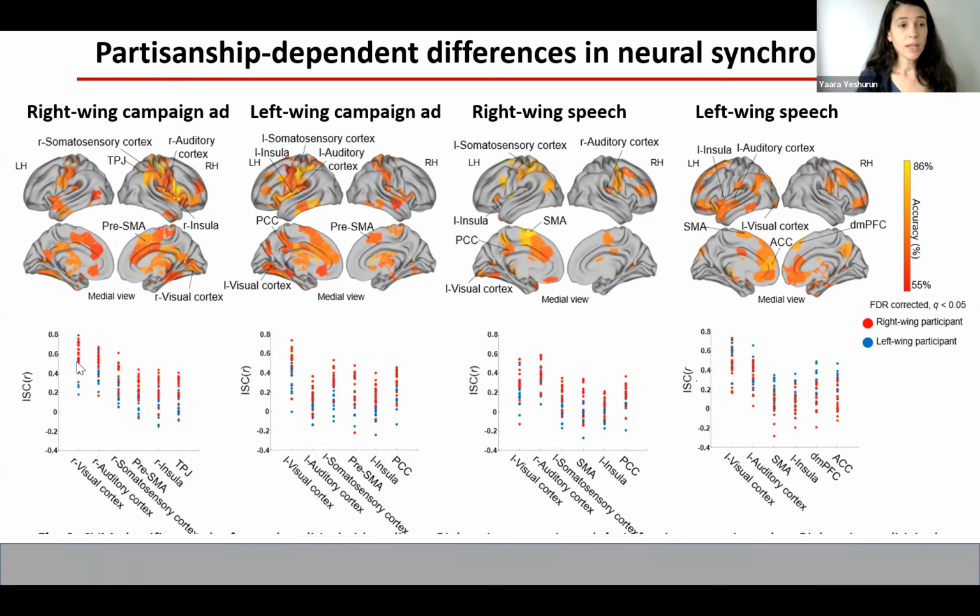And you can see that the right-wing individuals were much more synchronized in response to the right-wing campaign ad than the left-wing participants. And the opposite pattern was true, for example, for the left-wing speech. If you look at, for example, the dorsomedial prefrontal cortex, you can see that the left-wing participants were much more synchronized than the right-wing participants.